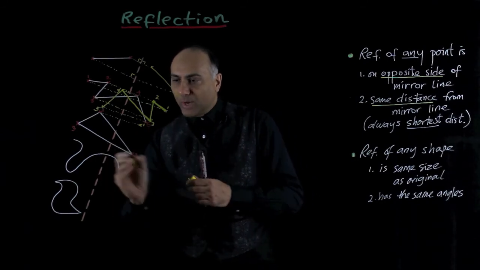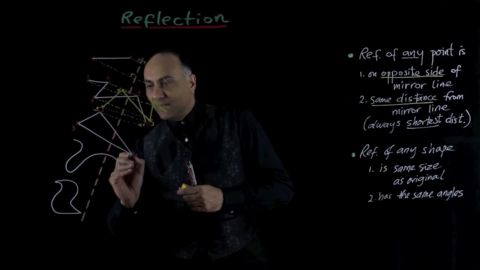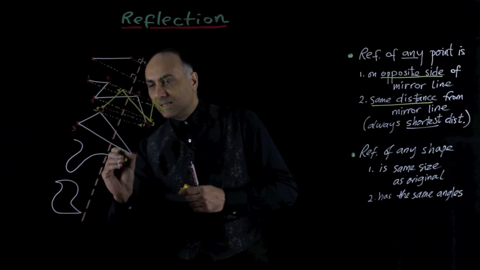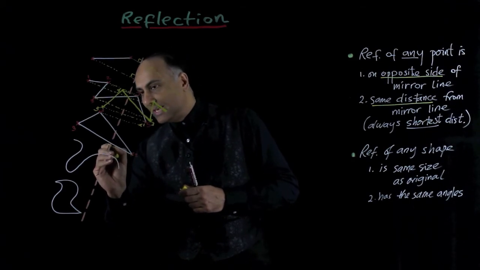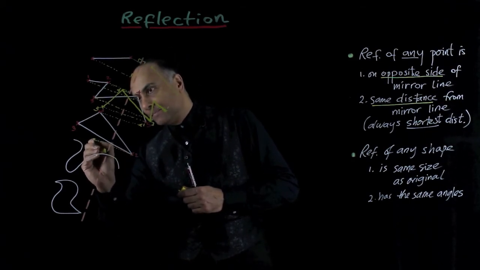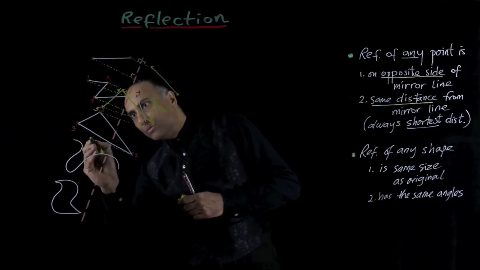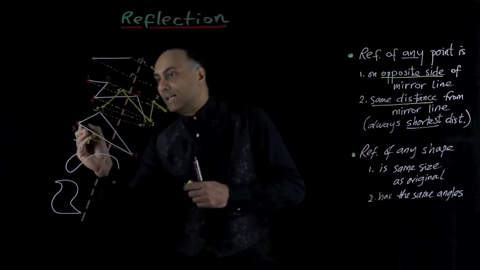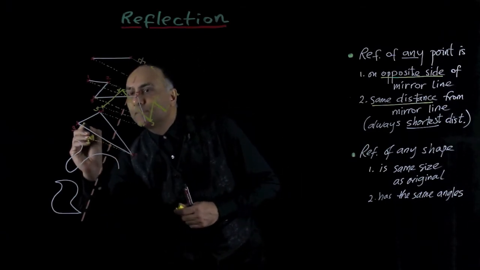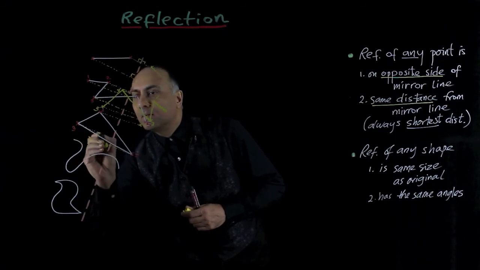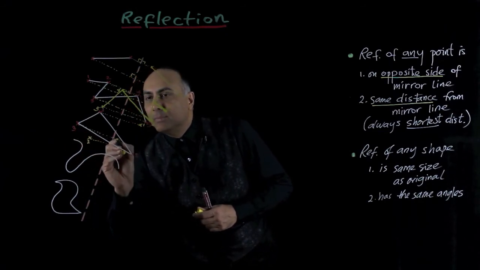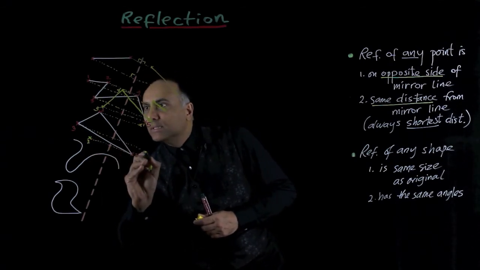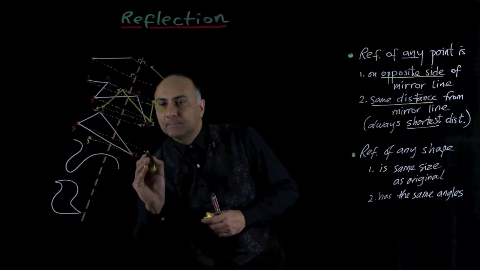Here is point 2, it's to the right of the mirror, so its reflection will be on the left side of the mirror. I measure the shortest distance to the mirror, which is roughly that, and measure the same distance on the opposite side, which is roughly there. And the same again with point 3, shortest distance to the mirror, and repeat it on the opposite side, which is about there.